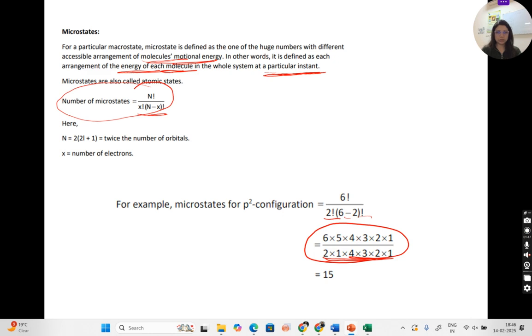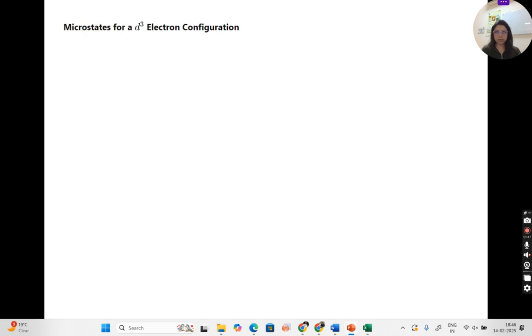Now with this formula, we can have a question like: calculate the microstates for a d3 electronic configuration. We have already solved for p2.